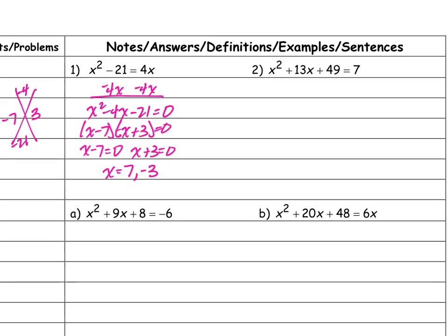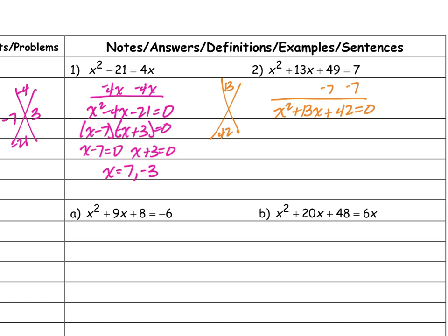And then same with this one. I just have to get everything to the same side of the equal sign. So I'm going to subtract 7, and then I get x squared plus 13x plus 42 equals 0. So I need two numbers that multiply to be 42 and add to be 13.